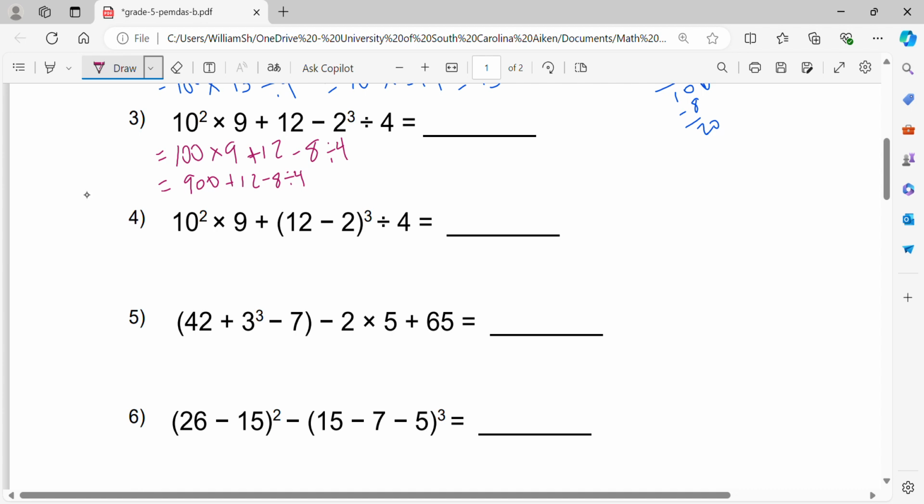Up next is division. 8 divided by 4 is 2. Now, working left to right, I'm going to do my addition and subtraction steps. 900 plus 12 is 912.